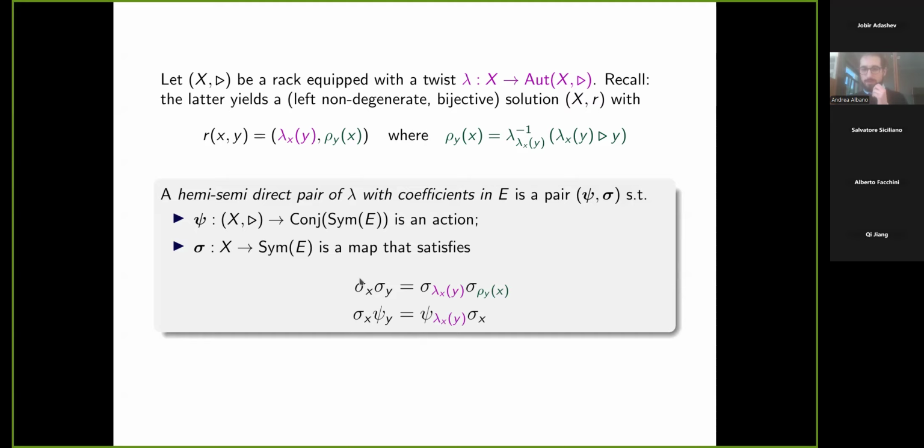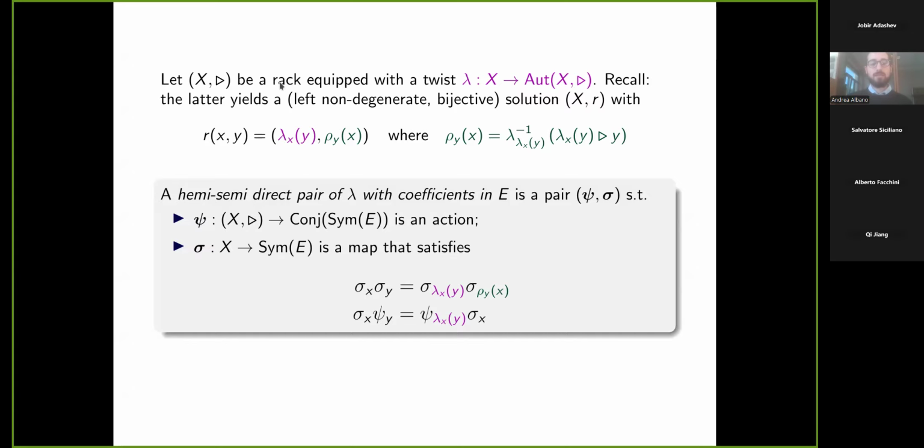Let me just note that the first one of these equations can remind you of the first braided identity that you get once you develop the braided identity in components in the set-theoretic case.